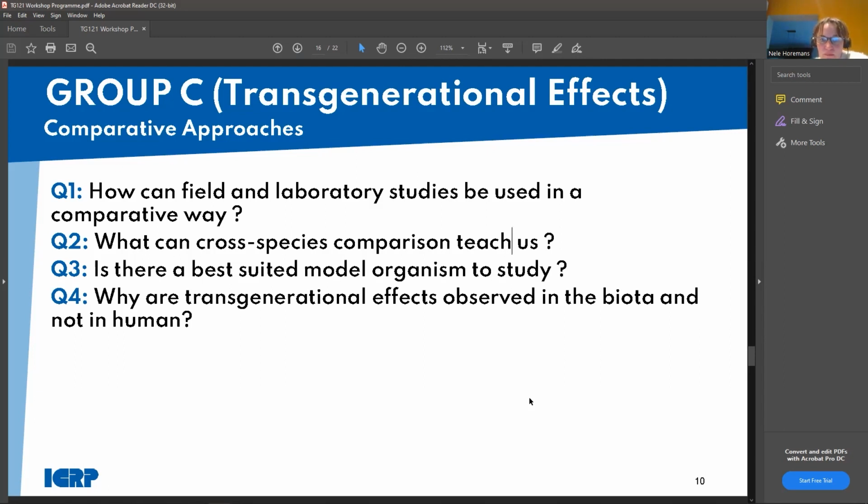And for example, the work that you presented on transposons, I think it's quite specific to plants, or transposable elements. I know that plants are very transposable element rich compared to animals.